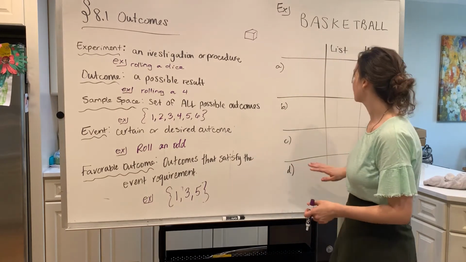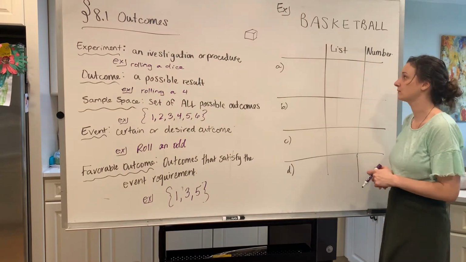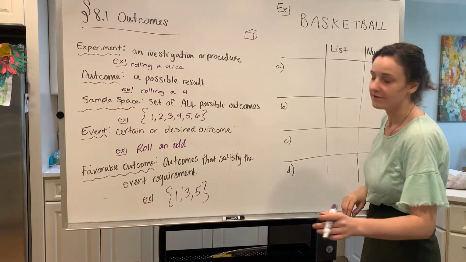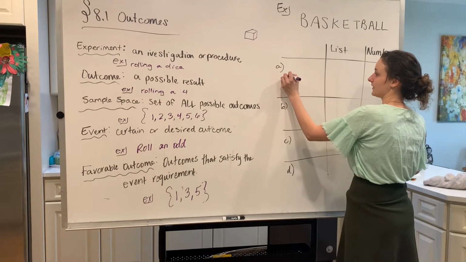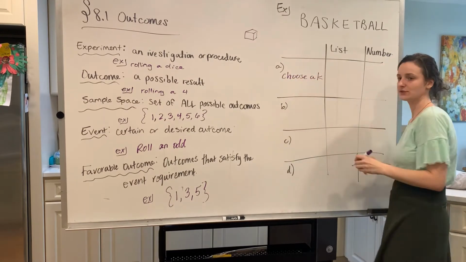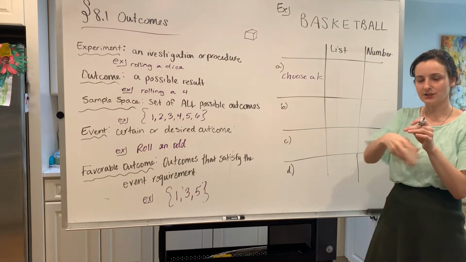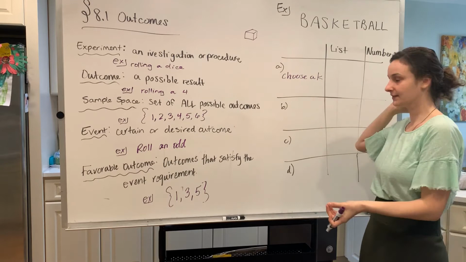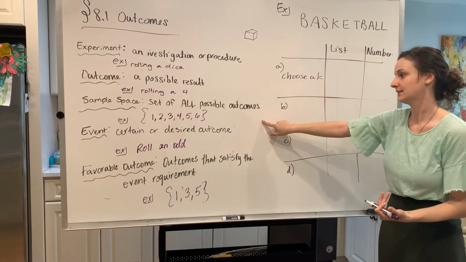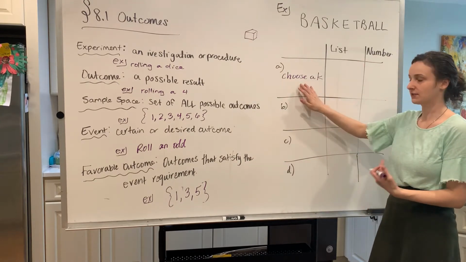Okay. Let's take a look at the word basketball. There are 10 letters in the word basketball. Okay. So we are going to first list the outcomes of choosing a K. If I put all the letters of the word basketball into a bag and I shuffled it all up and I stuck my hand in and pulled out a letter, well, what possible favorable outcomes would be for choosing a K?